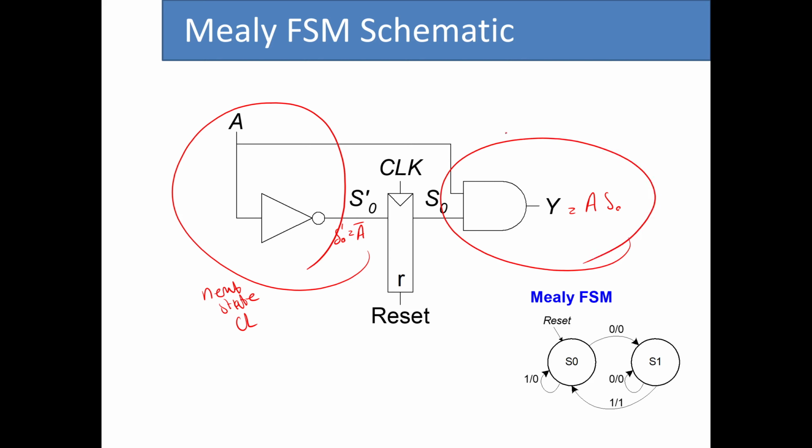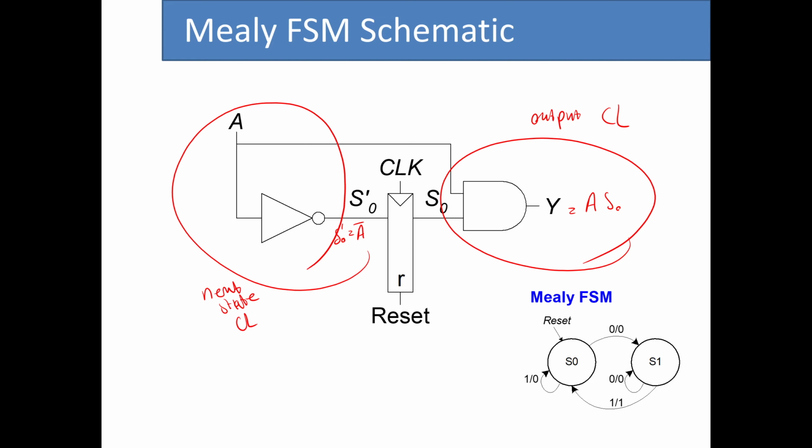This part is going to be the output combinational logic circuit. And as you can see, for this very basic circuit, we basically didn't have any feedback for the next state logic unit, right? And that is something that sometimes might happen. For this example, since it was a very basic and simple example, this is the case.